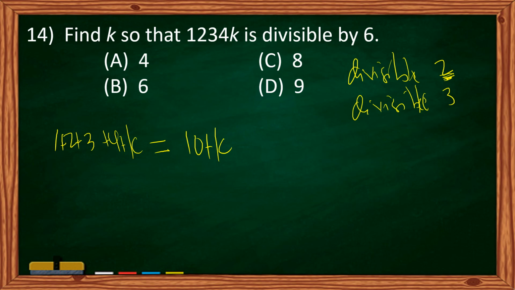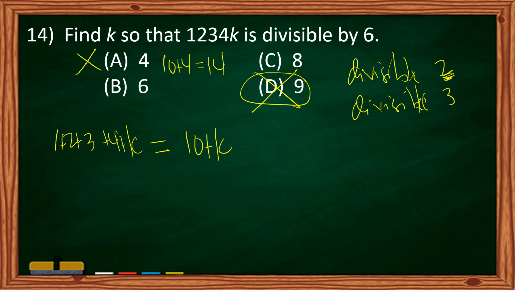Now, letter D is eliminated because that is not divisible by 2. So, ang pagpipilian na lang natin ay yung 4, 6, and 8. Let's check if you substitute the value of k, which is 4, if it is divisible by 3. So 10 plus 4 equals 14.